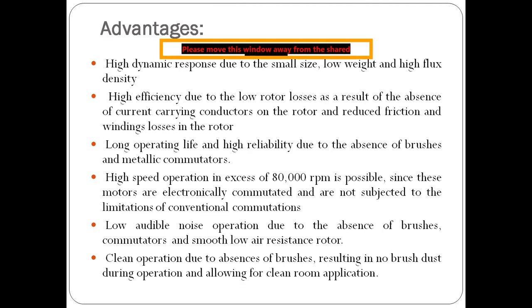High speed is possible since these motors are electronically commutated, not subject to the limitations of conventional commutation. Low audible noise operation due to the absence of brushes and commutators, and a smooth, low air resistance rotor. Clean operation due to the absence of brushes, resulting in no brush dust during operation, allowing for clean room applications.